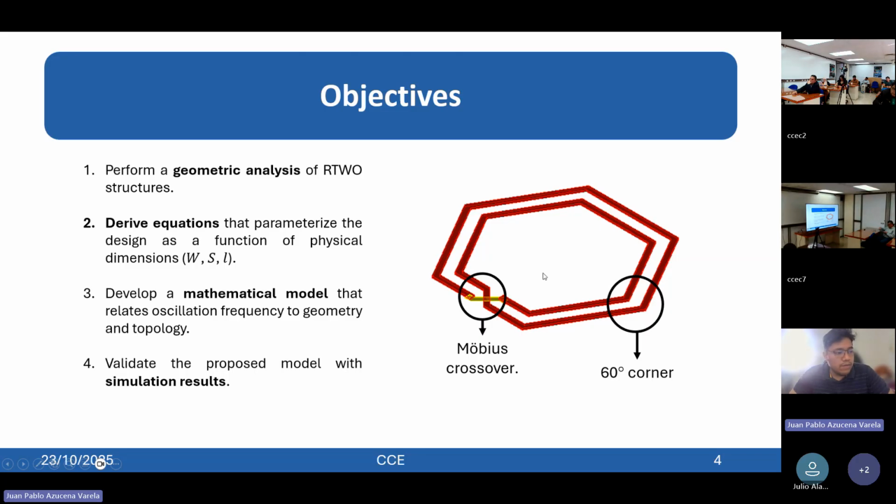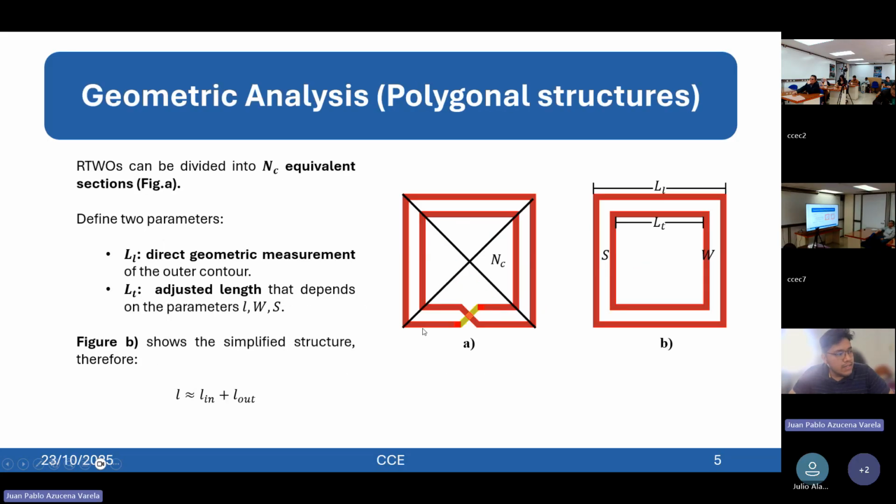This is another example of an RTWO. Okay, this oscillator can be divided into NC equivalent sections depending on the topology.